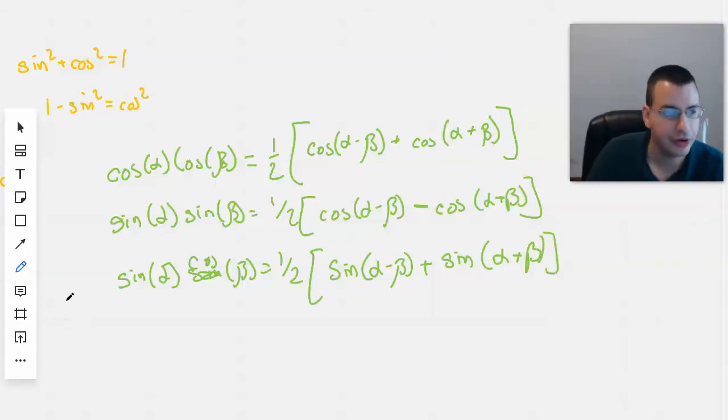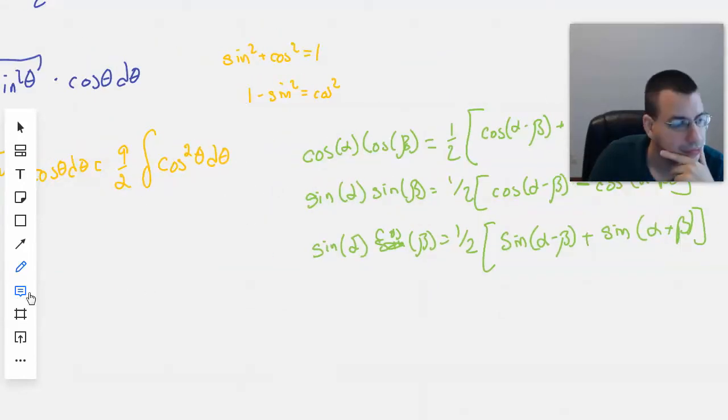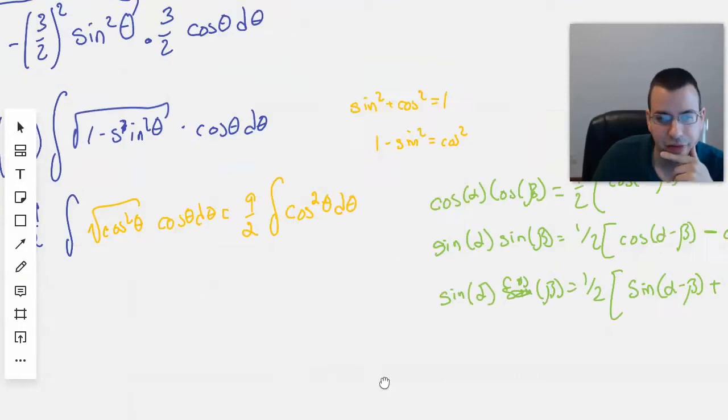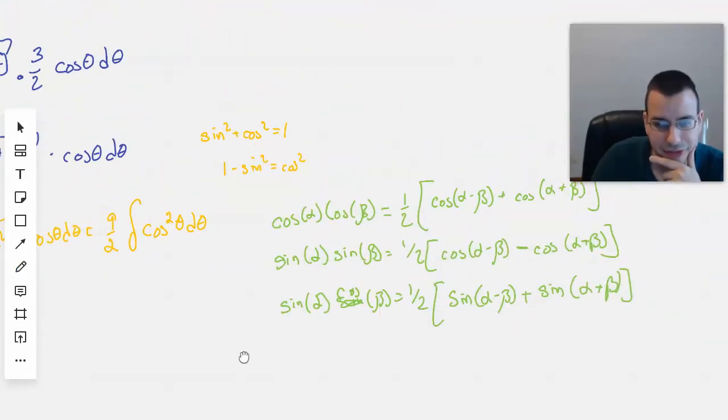There we go. So the one we're going to have to use is the top one because we have a cosine squared. And then we're going to say, well, see if I can get all of this in view. I probably can't. So if we say alpha equals beta, then we're going to have cosine squared of theta equals 1/2.